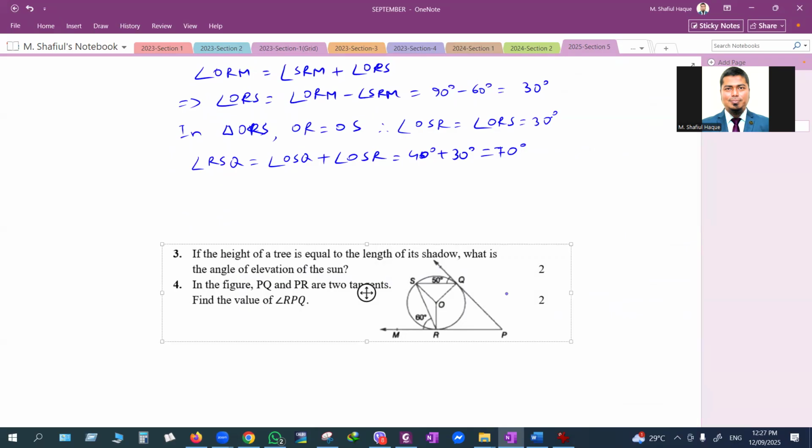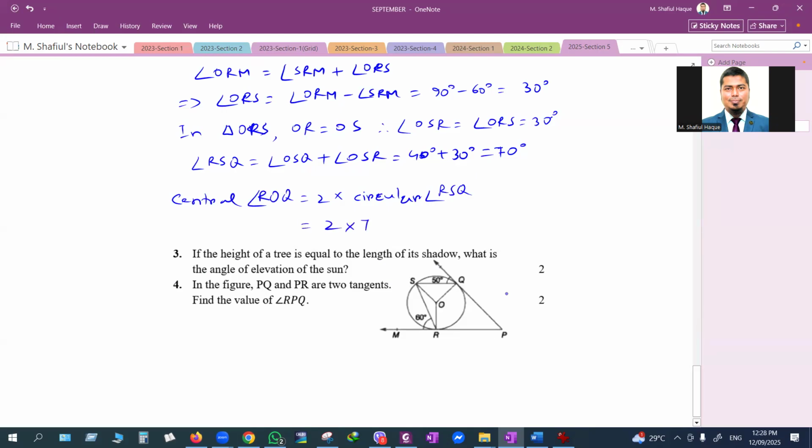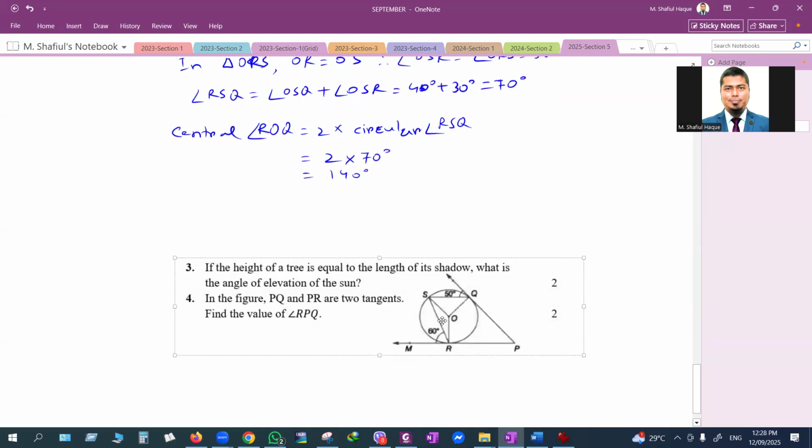So the central angle ROQ is equal to 2 into the circular angle RSQ, that is 2 into 70 degrees, that is 140 degrees. So I need to find out RPQ.